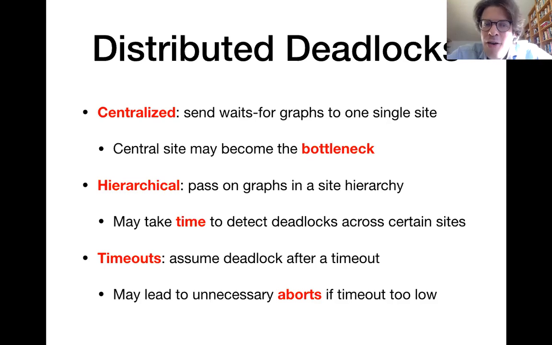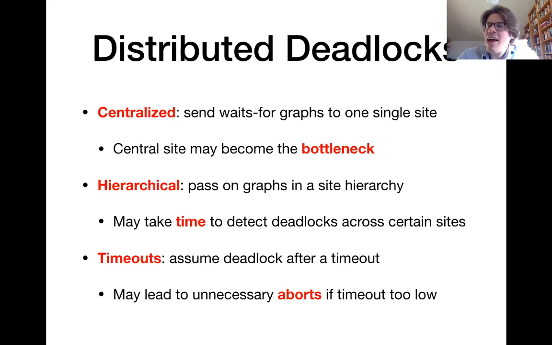So another thing we could do is to make a hierarchy of sites, and then forward the waits-for graphs to the next higher level of the hierarchy. In this hierarchy, a parent site gets information from all the child sites and tries to detect all deadlocks that it can, given the information that it has. If it doesn't detect any deadlocks, then it will pass on its information to its own parent.